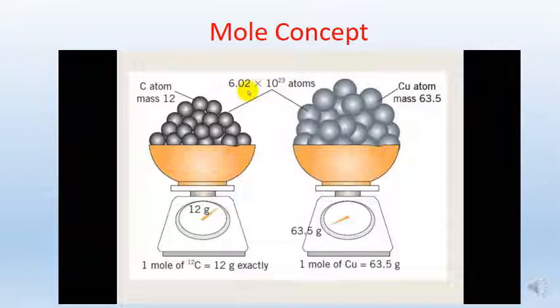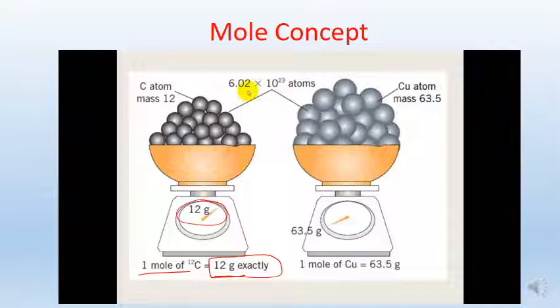So we settle on a unit called the mole, and the mole is defined as exactly 12 grams of carbon-12. If you look at the periodic table, carbon is in group 4, right? And it has a relative atomic mass of 12, so 12 grams of carbon is precisely 1 mole.